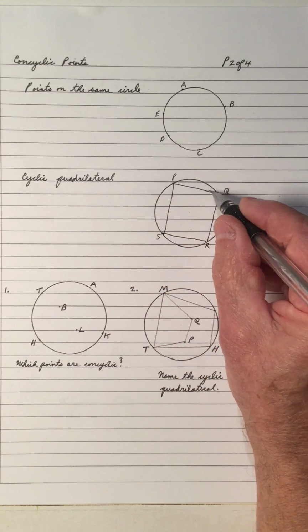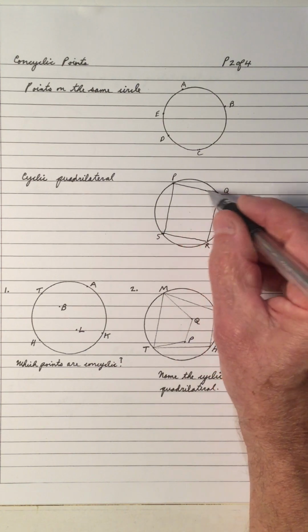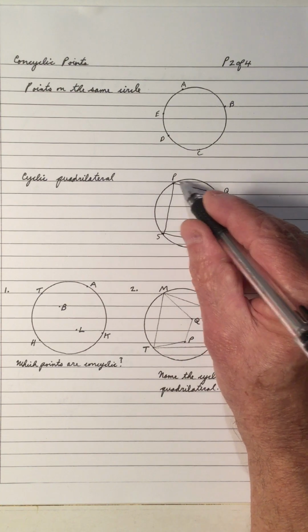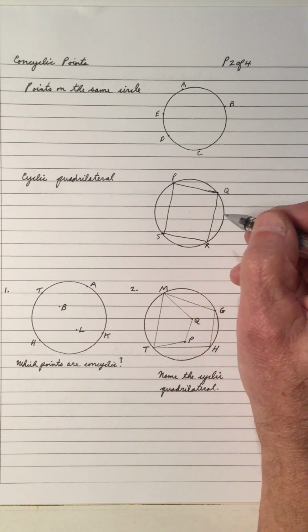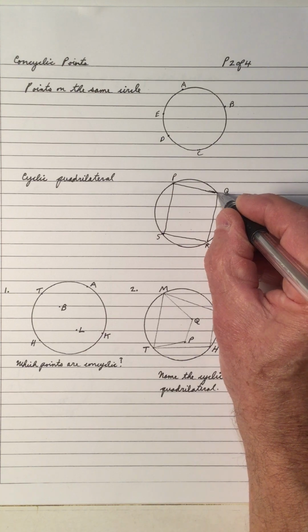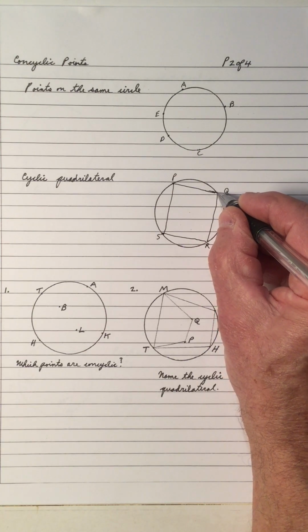If you join all the points with chords, then PQRS is a cyclic quadrilateral. Again, a quadrilateral whose vertices lie on the circle.